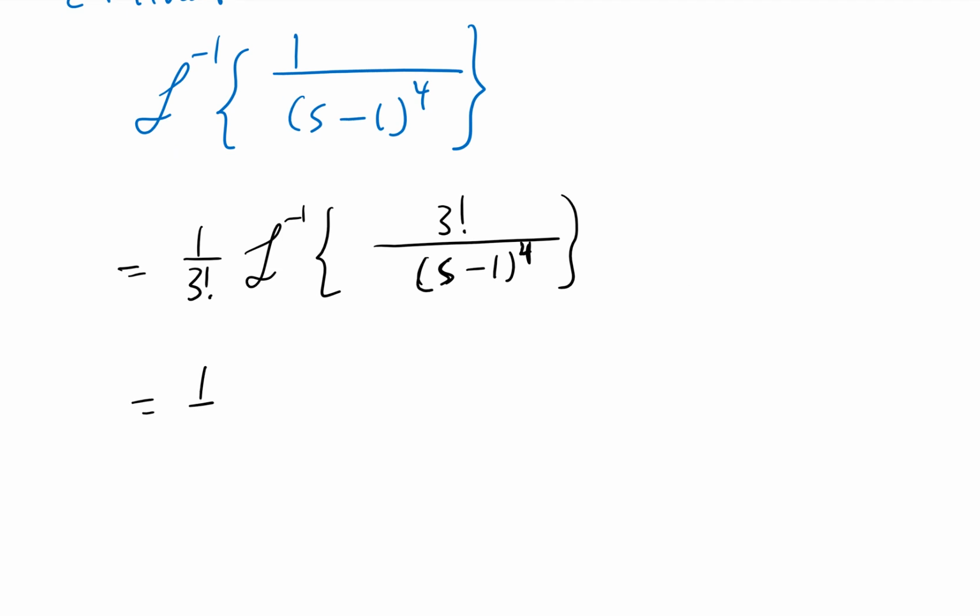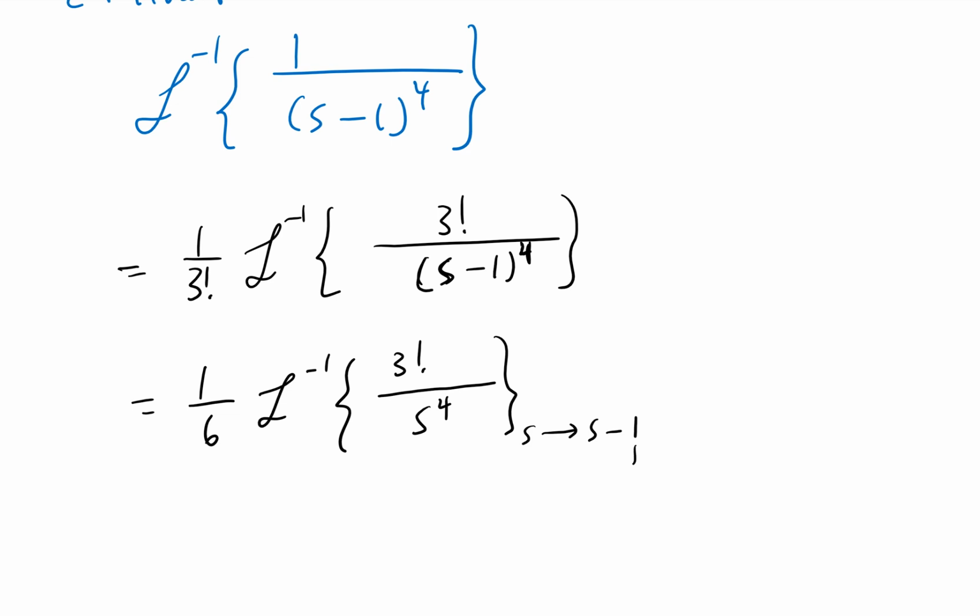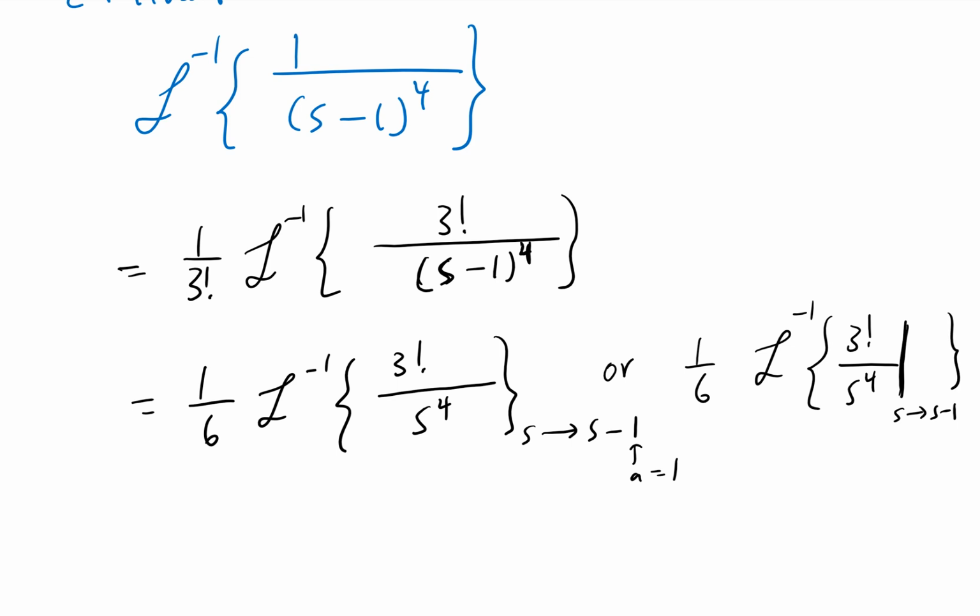So the next step is, this is 1 over 6 times the Laplace inverse of 3 factorial over, rewrite it as s to the 4th, where s gets replaced with s minus 1. That's the a value. Okay, you can write it this way, or just so you know, if you see something somewhere else like this, you can write 3 factorial over s to the 4th with a bar like this, as s replaced with s minus 1 in braces.